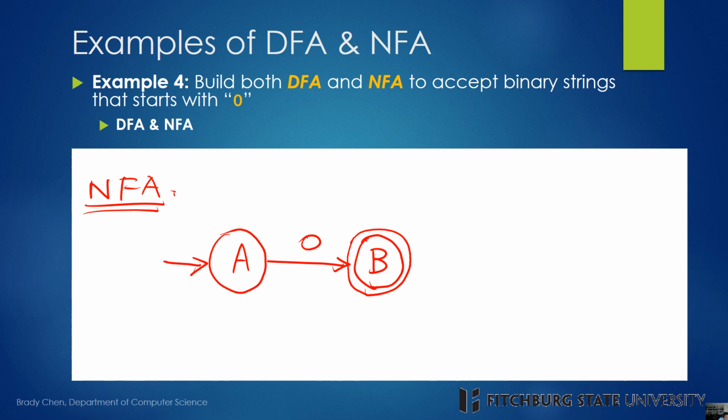And after this, it doesn't really matter what the next input is. It stays in the accepting state, because the string always starts with 0. For any other input from A, we don't care. As long as the first input is 0, we go to the accepting state. So it's that simple, right? That's the NFA.